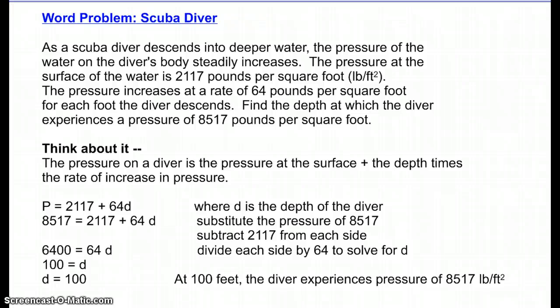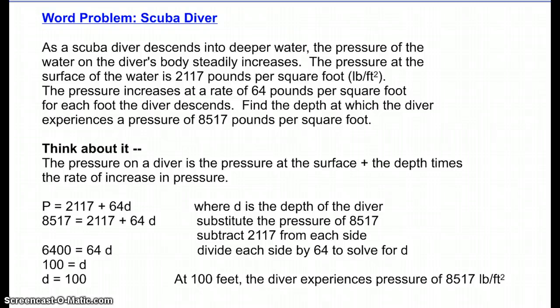The thing is, in this problem though, they don't tell you how far he's diving. They want to know how far he has to dive to have 8,517 pounds per square foot of pressure on him. So that is our P. They gave us the P. So we're going to substitute that for the big P at the beginning and get 8,517 equals 2,117 plus 64D.